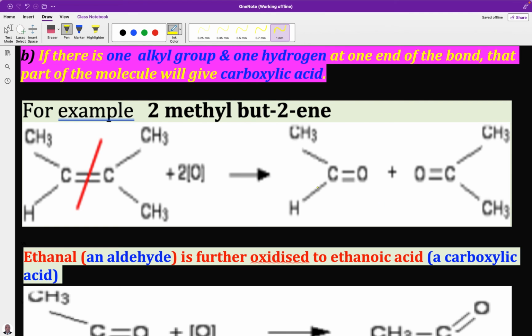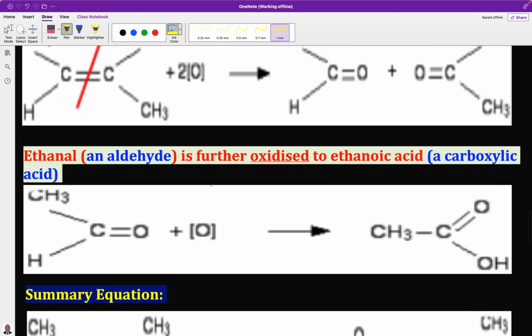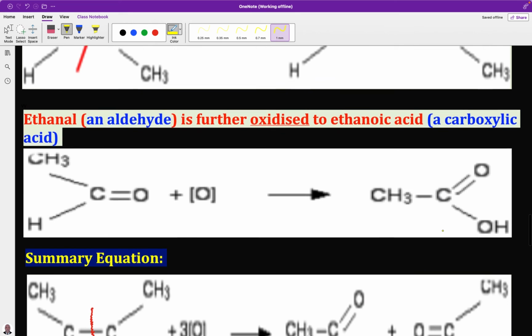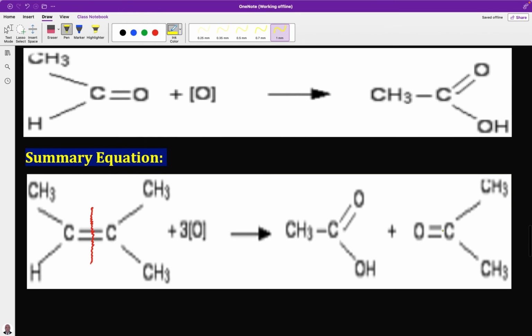We are summarizing by saying that where there is an alkyl group and a hydrogen atom on one side of the molecule, after splitting, that molecule will result in an aldehyde, and the aldehyde will further be oxidized to carboxylic acid. That is how you can summarize this equation.